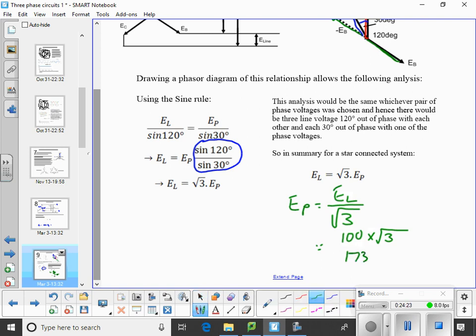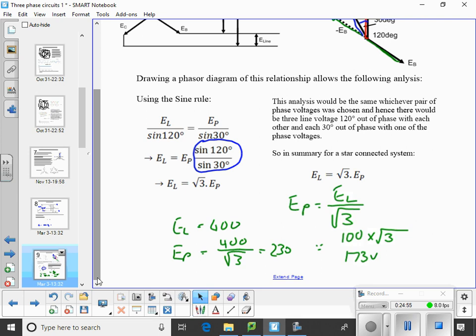173 volts. So a line voltage of 173 will give us a phase voltage of 100. So if our line voltage is 400, EL equals 400, what is E phase? 400 over root 3, 230.